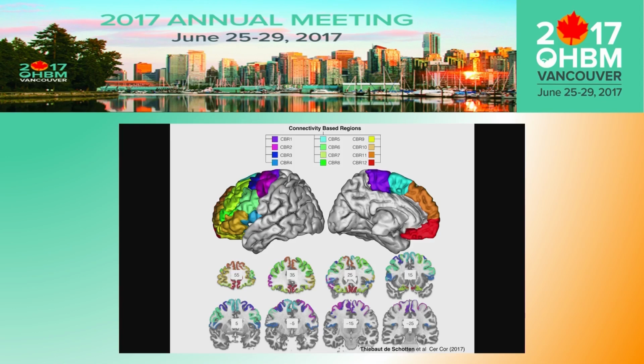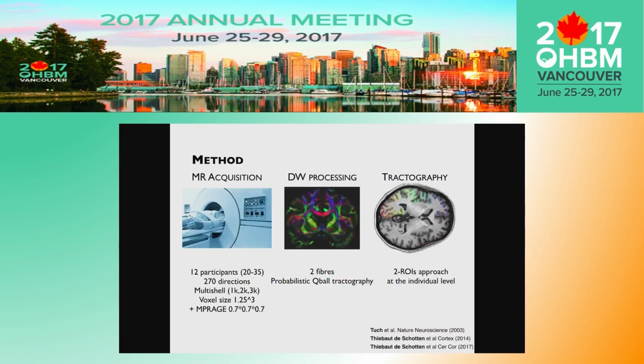So we tried to extract from those regions the functional pattern of activation. This is how we created those regions. We used the database of the Human Connectome Project. Twelve participants had been acquired with 270 directions on a multi-shell acquisition with a voxel size of 1.25 cubic millimeter.